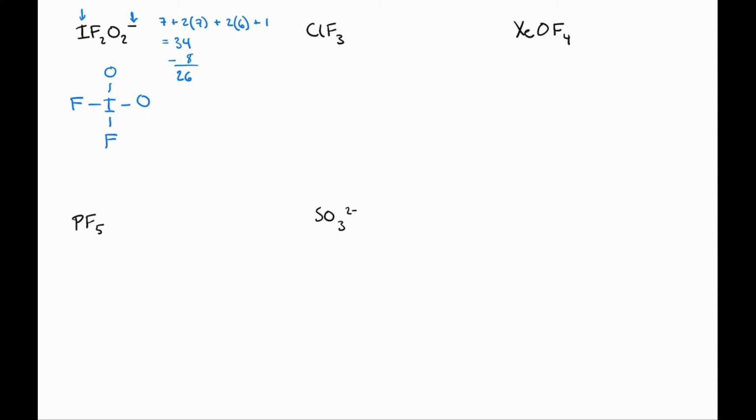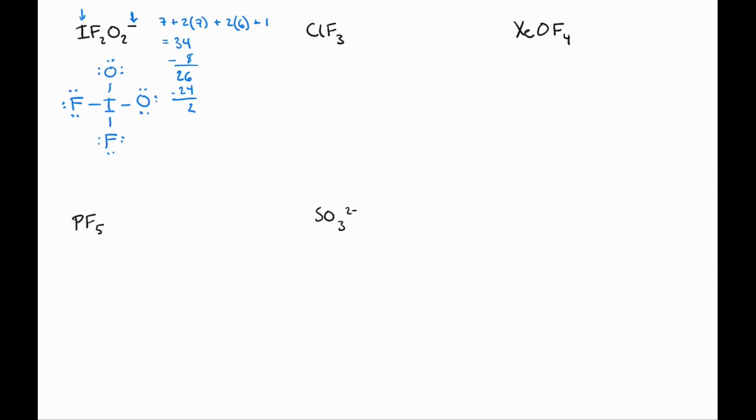So I'm going to go around and distribute pairs in turn to get everything evenly distributed as much as possible. I'll go 2, 4, 6, 8, 10, 12, 14, 16, 18, 20, 22, 24, and now we have all of our outer atoms satisfied, which leaves 2 electrons left over.